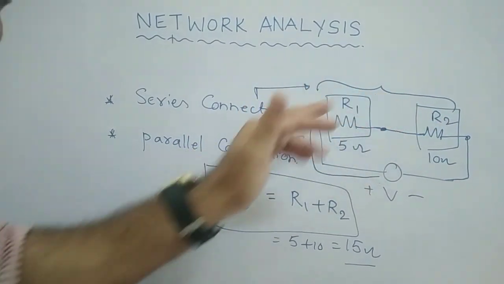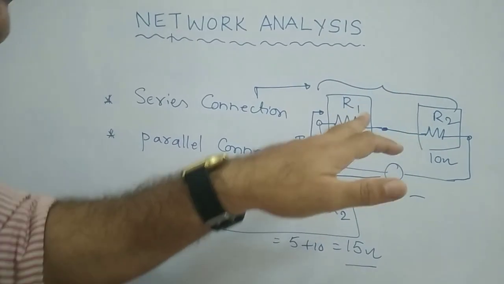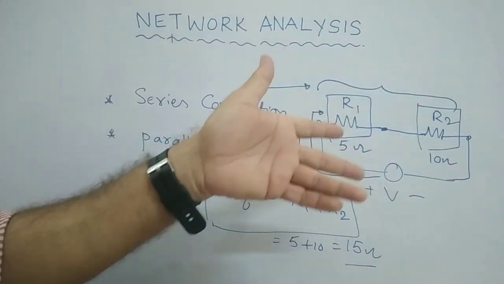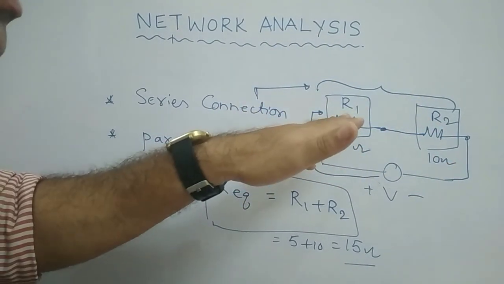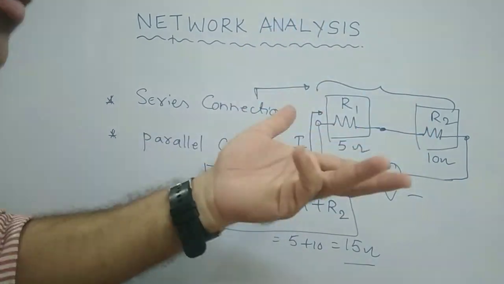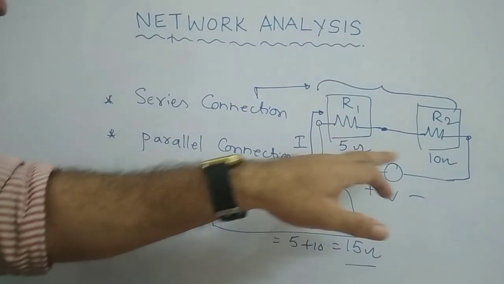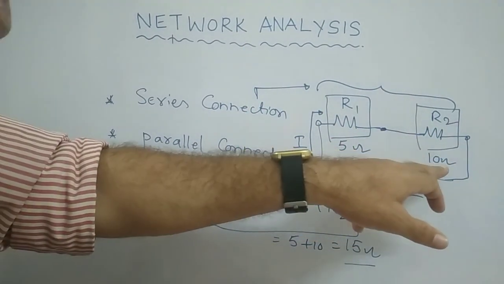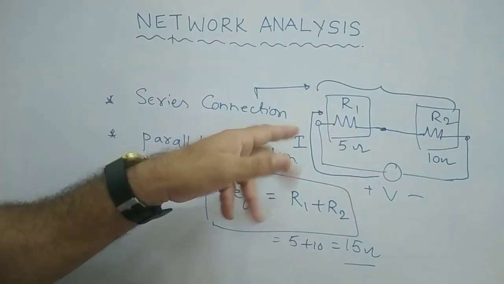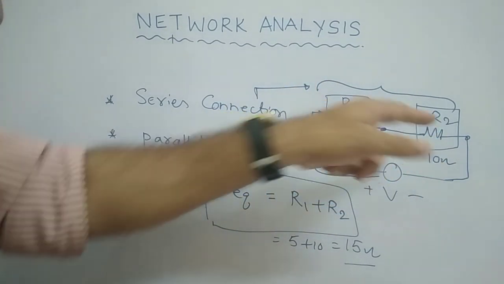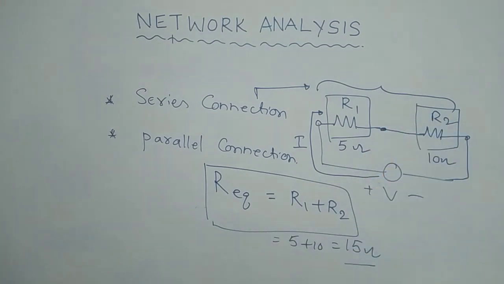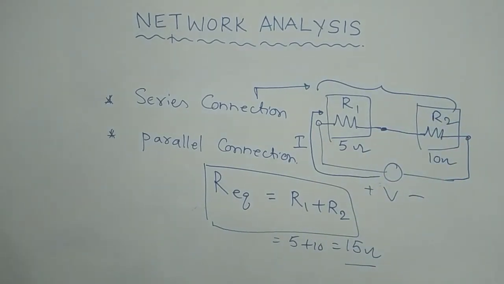The resistance values may be different, as I have already indicated here, it is 5 ohm and it is 10 ohm, both are different values, but the same current flows through both the resistances. So that is very important to note down.